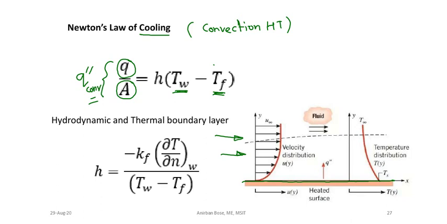In this process the heat from the heated plate, which is a solid surface, will be transferred to the fluid, and the process by which the fluid will be heated is the convection process. In other words, the solid surface will lose heat to the fluid, and this process is convection.